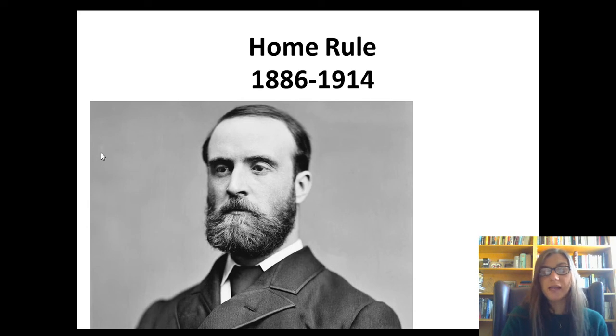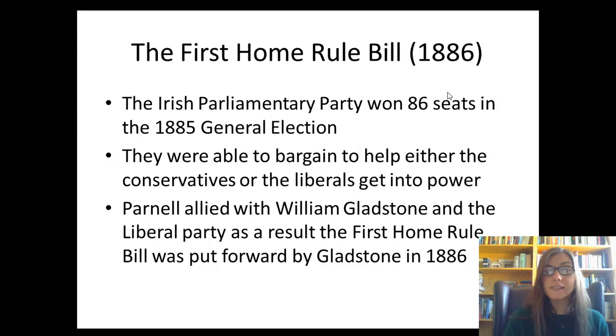Okay, so that handsome chap there is Charles Stewart Parnell, and he's the instigator of the first two Home Rule bills. So the first Home Rule bill was introduced to Parliament in 1886. So the Irish Parliamentary Party won 86 seats in the 1885 general election.